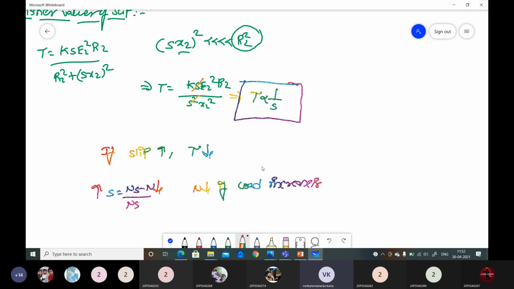So if load increases, slip increases, and if slip increases, torque decreases. So from these relations we conclude that up to maximum torque only, the torque increases with respect to slip. Once the motor reaches maximum torque, and again if the load further increases, then the torque developed by the motor decreases.